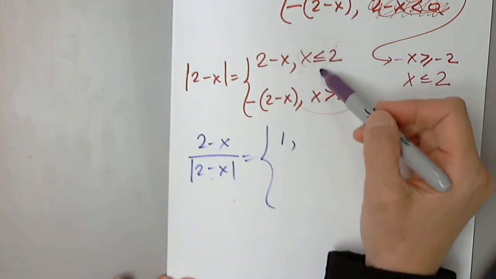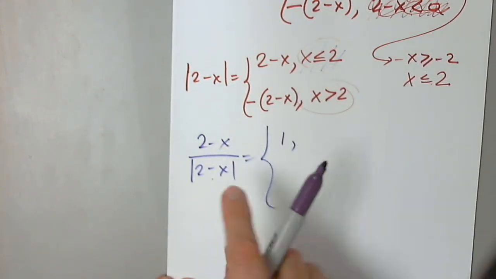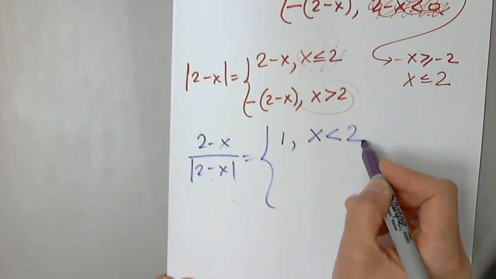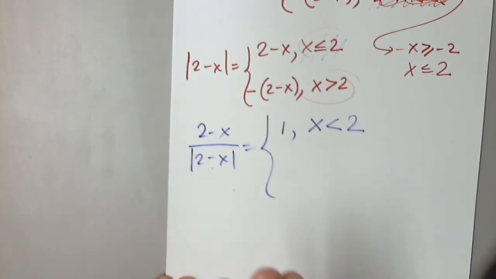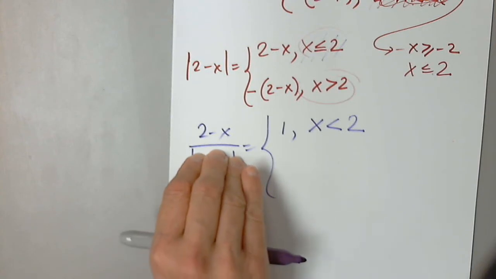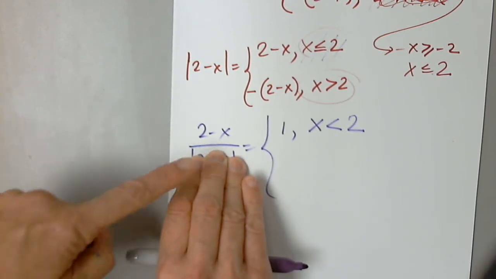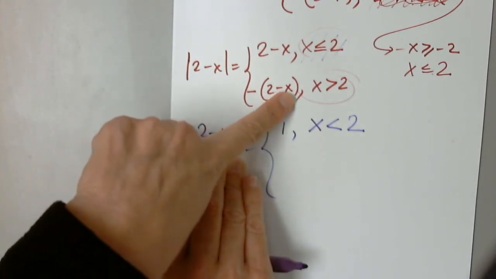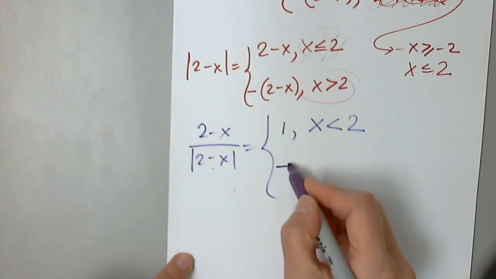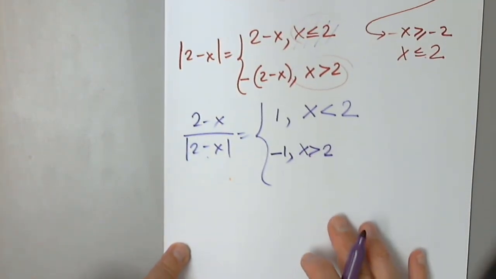However, we can no longer keep the equal symbol because now this quantity is in the denominator. So I have to write less than 2. Now, if this quantity is negative 2 minus x, what do I get as the final simplified form here? If this quantity is this one now. Do we all agree with negative 1? For x greater than 2.